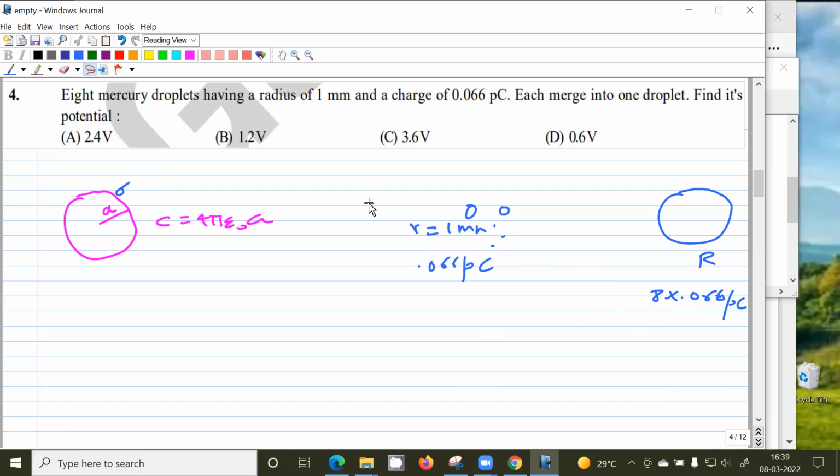Yeah, Q is the total. Yes, sir. And you have to find the final radius. This 2 millimeter. How do you get that? Volume, you know, sir. 8 into 4/3 pi R cube is equal to 4/3 pi R dash cube. We'll get it as 2 times R1, right? Yeah, 2 millimeters.